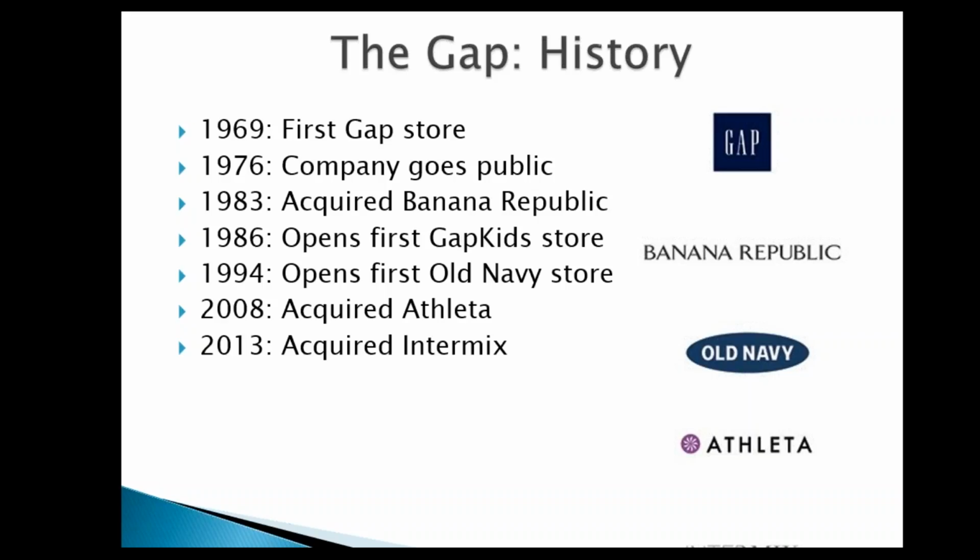Then in the 90s, 94 is when Old Navy started. And let me share a little bit of inside thoughts on how Old Navy started. At that point in the mid-90s, what they were seeing is a lot of people were buying clothes at Target and at what people traditionally called discount stores.